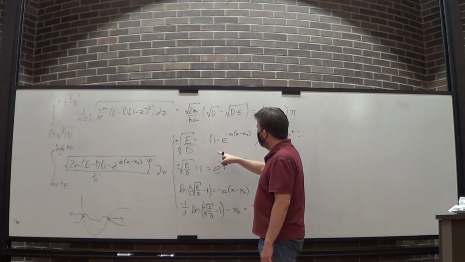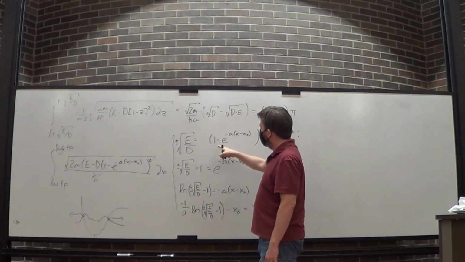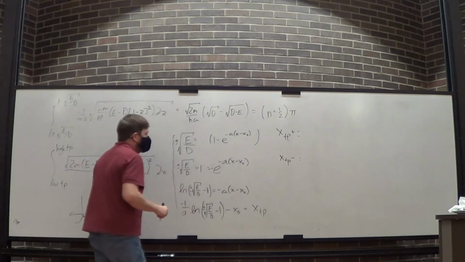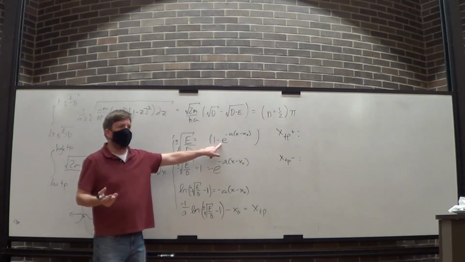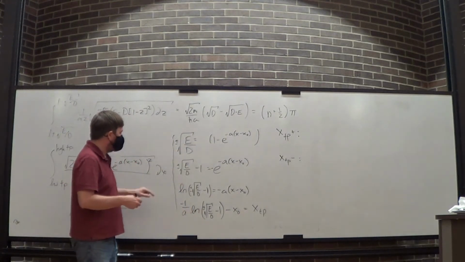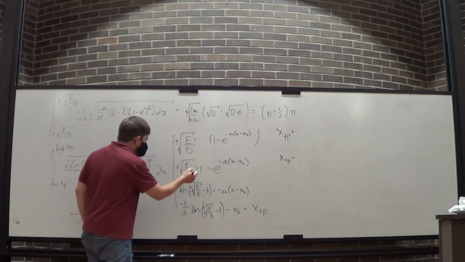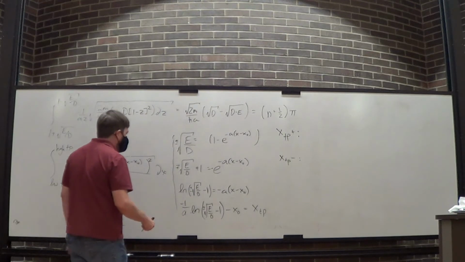And then I subtracted. Okay, so here's where I screwed up. I subtracted 1, but there's a minus sign here. I forgot that. I subtracted 1 from both sides, but I forgot the minus sign. Okay, so here's how it goes. Minus plus. So this is what I was talking about.